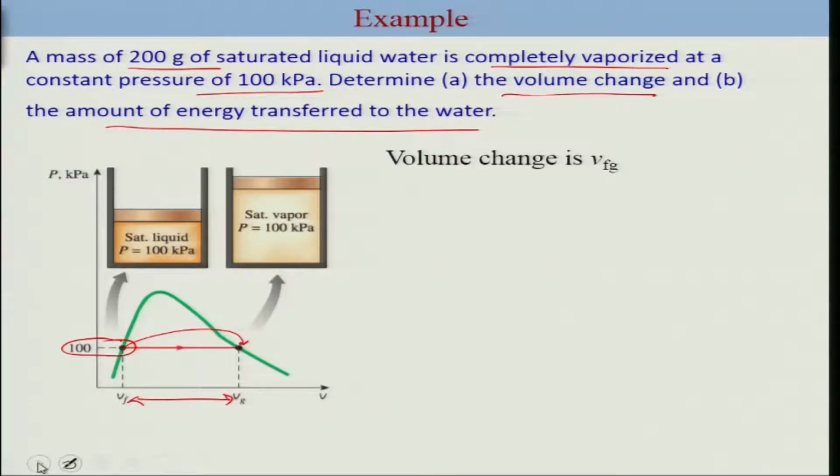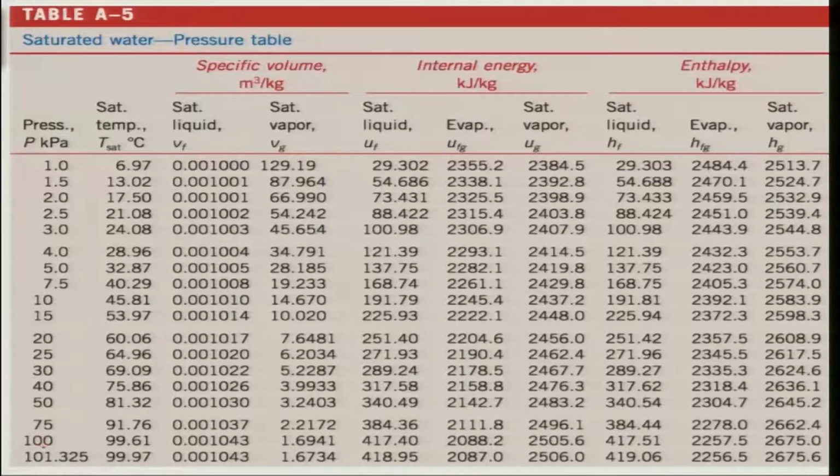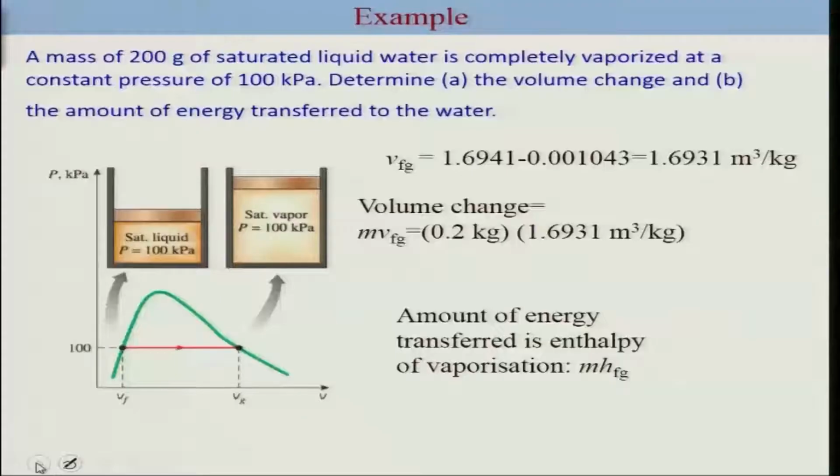So let's look at the table again. This is 100 kilopascal, table A5. We are looking at the pressure, and the corresponding 100 kilopascal, the saturated liquid value for the specific volume is given here, and the corresponding vapor value is here. We are going to make use of these two values and plug in.